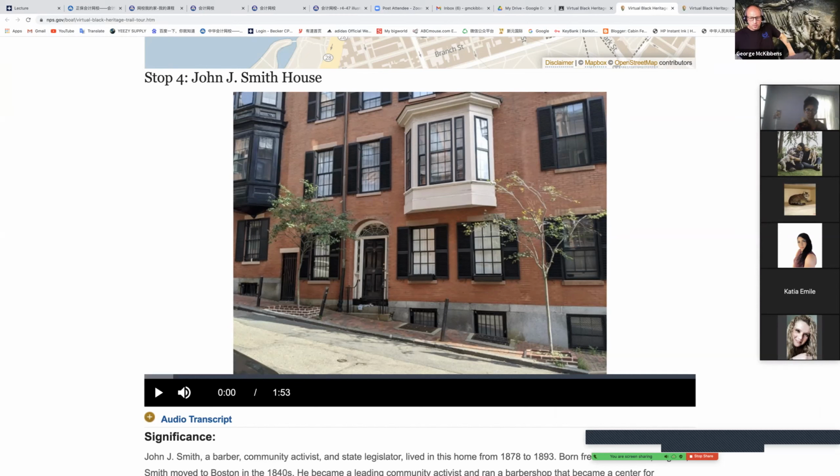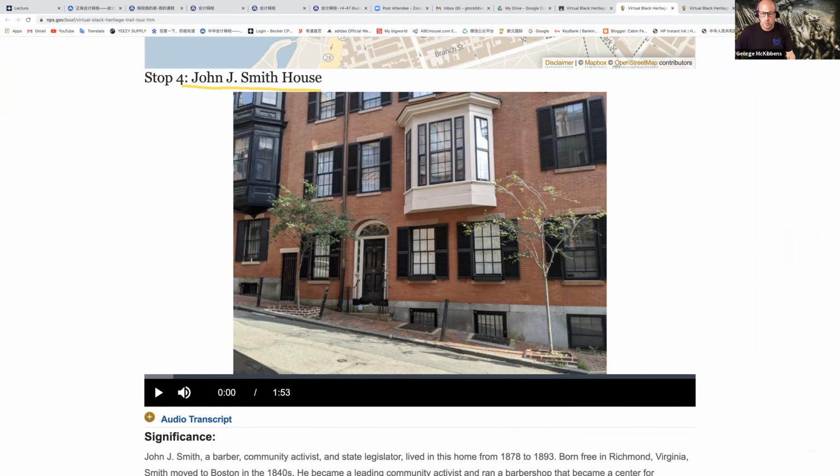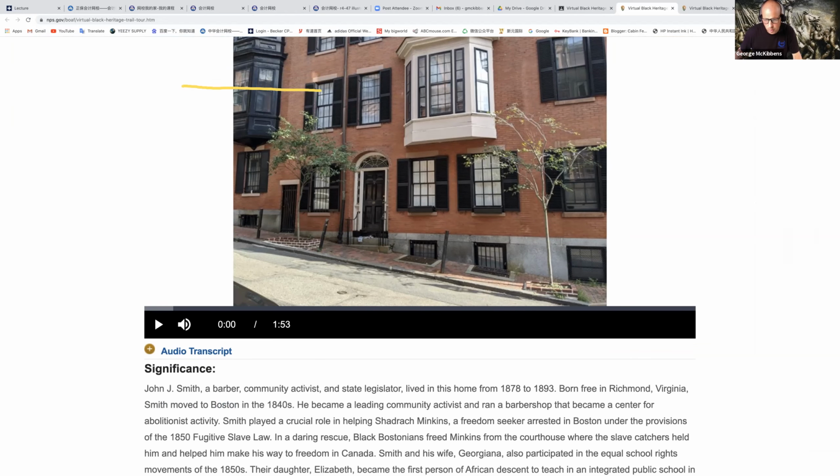I want to underline this. That's the John J. Smith House. He did a lot. You mentioned the word abolitionist. Actually, instead of writing it, I'll underline it in the text. There it is. This is a good vocabulary word. What is an abolitionist? Yes.